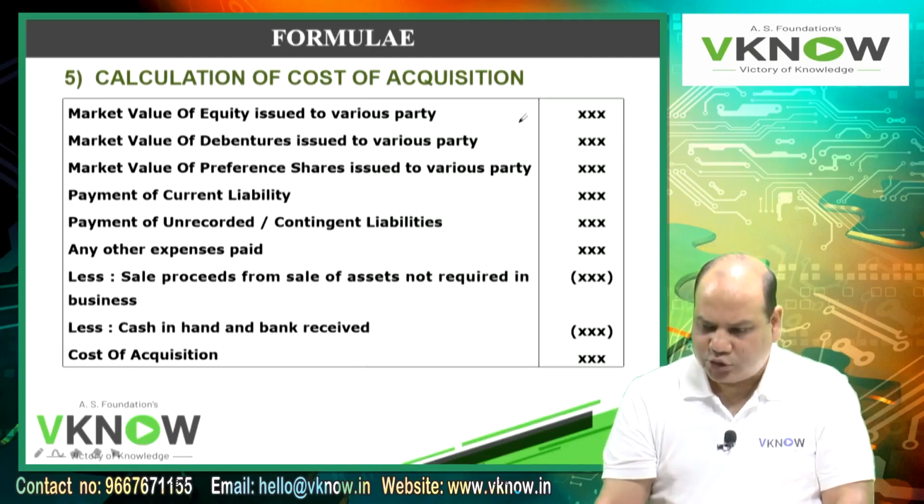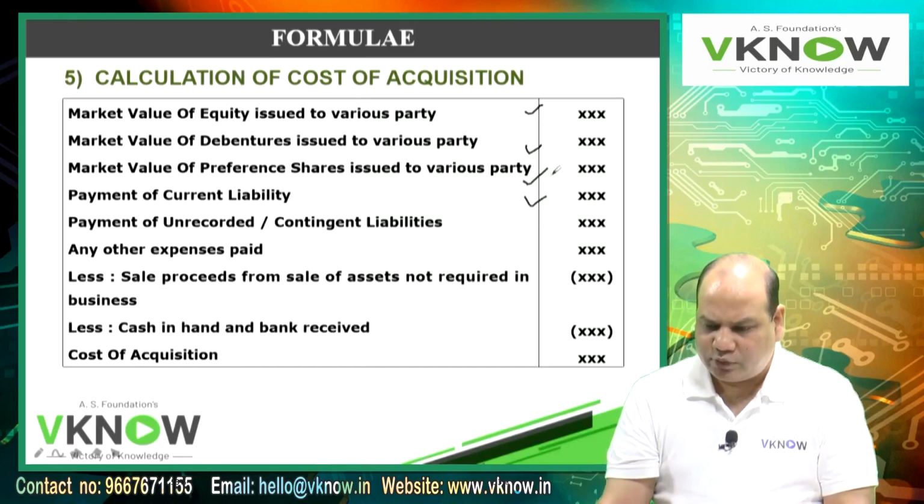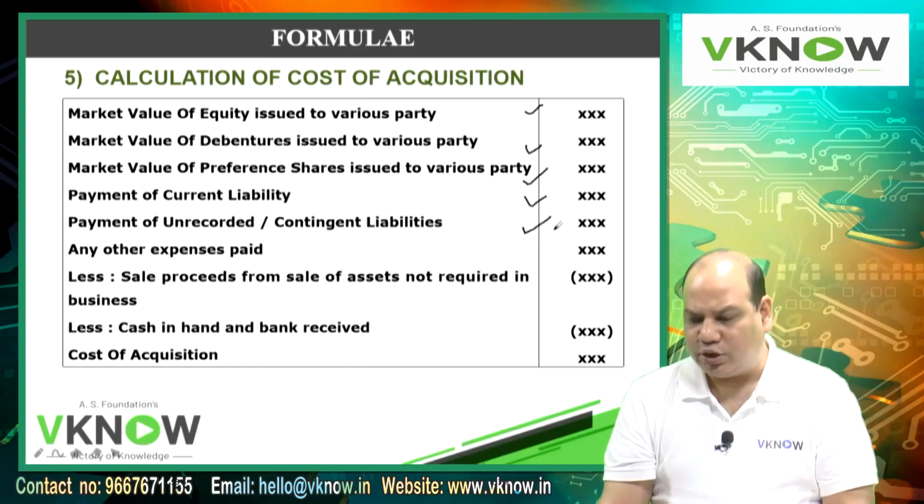So what are the things you will add according to the question? First we will add market value of equity shares issued, market value of debentures issued, plus market value of preference shares issued, plus payment of current liability, plus payment of unrecorded or contingent liability, and plus any other expenses paid.